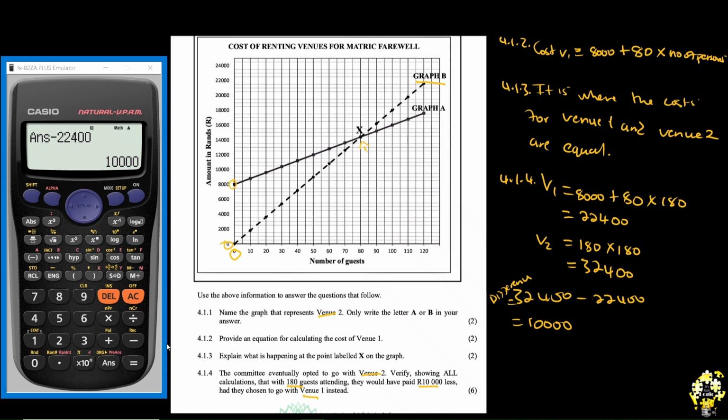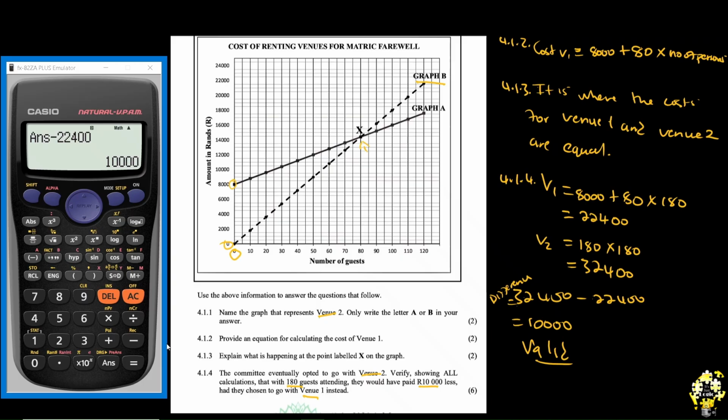Oh, my apologies. The first time I read the statement, I read it incorrectly. I read it as in they were saying that having gone to venue 2, they are going to save 10,000. No, that's not what they are saying. They are saying that had they gone to venue 1, they would have saved 10,000. But because they chose venue 2, they are going to pay 10,000 more. So this statement is by all means valid.